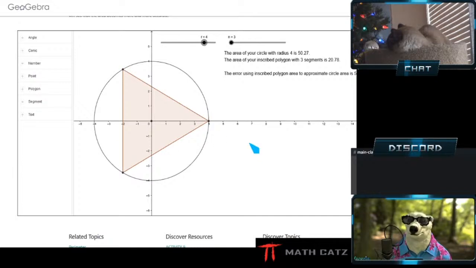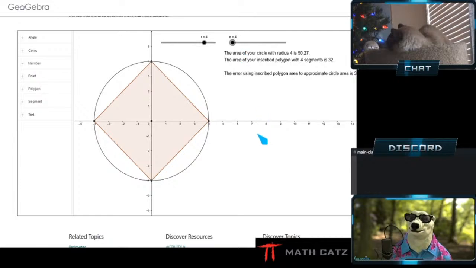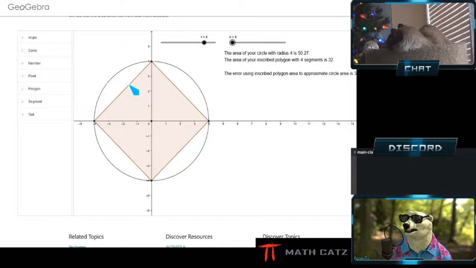But if I look at a square, the area is still not great, but it's better than the triangle. Here the error that I'm making is 36%. There's a big space I'm missing.